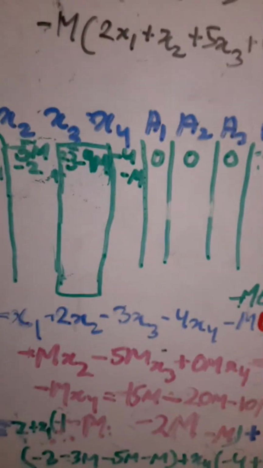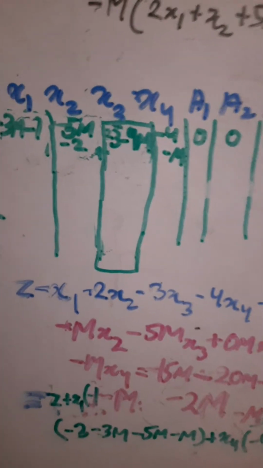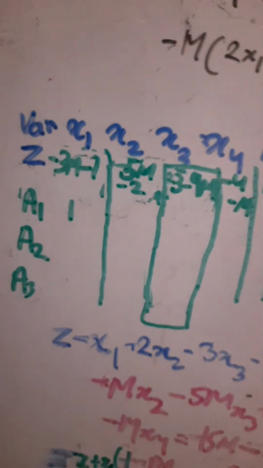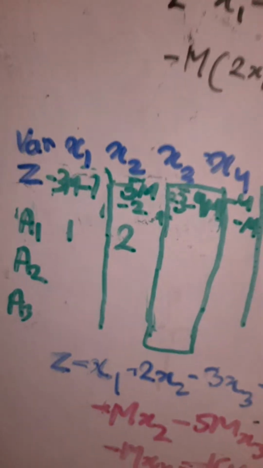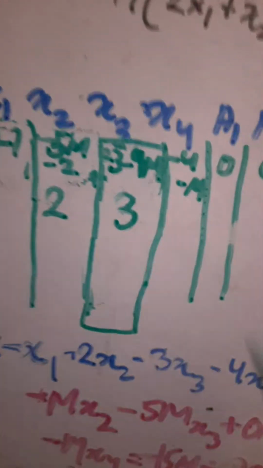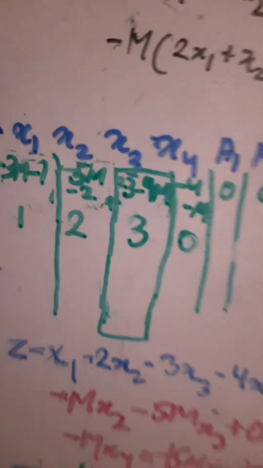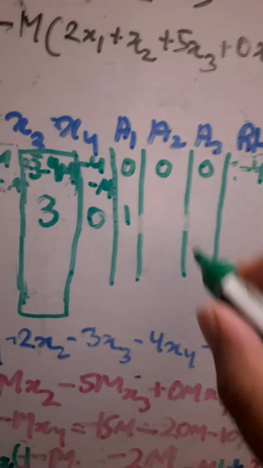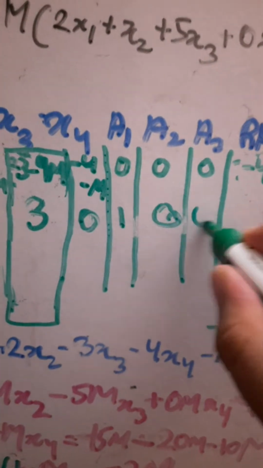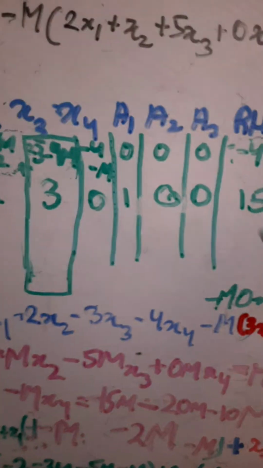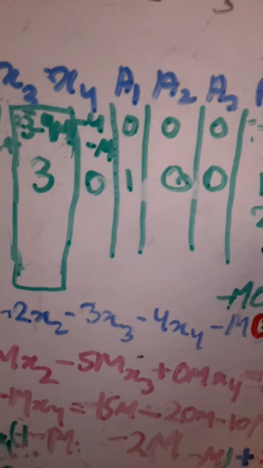So for the A1 equation we have 1x1, 2x2, 3x3, 0x4, 1a1, 0a2, 0a3, and here RHS is 15, here it is 20, here it is 10.